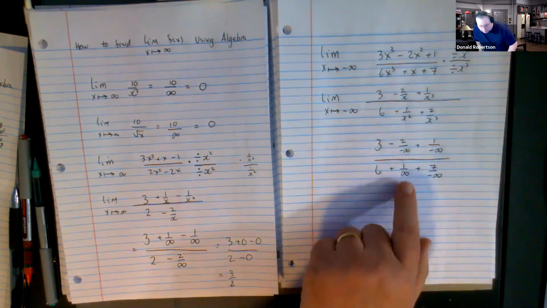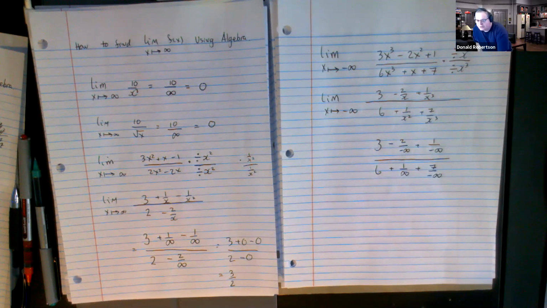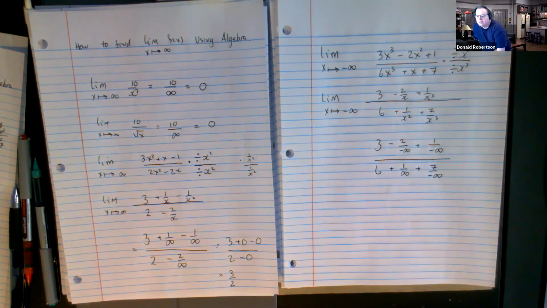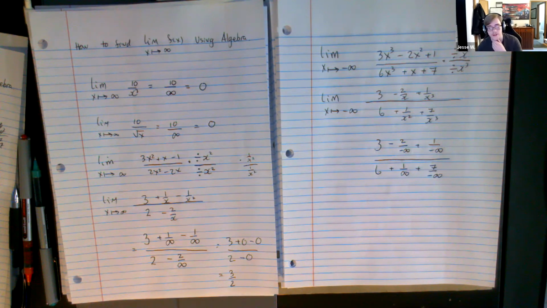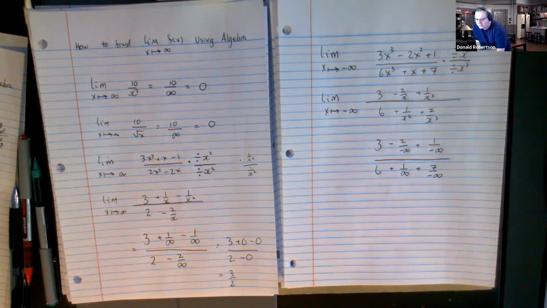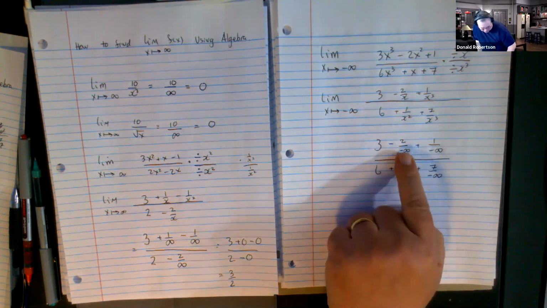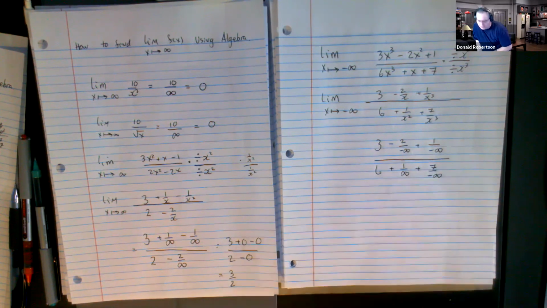Why is that middle one 1 over infinity and not 1 over negative infinity? It was x squared. Yeah, and so negative infinity squared gets you plus infinity. Doesn't it not really matter if you forget that? Because what's going to happen to each one of these guys is exactly what happened the last time.